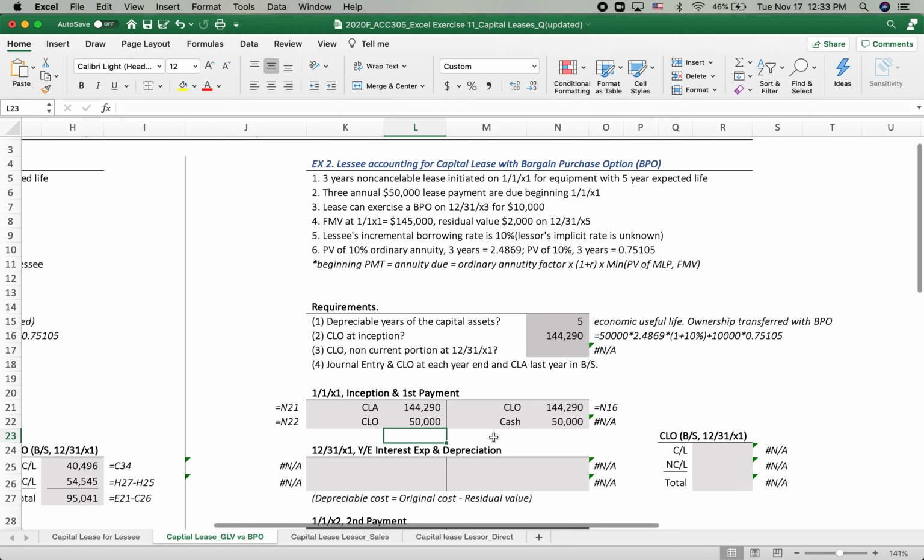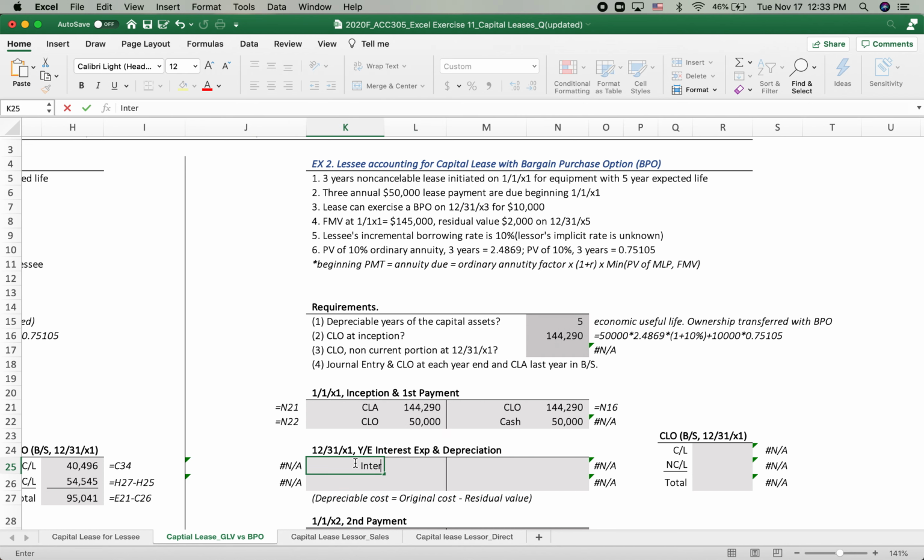Then 1 year passes. At the end of year one, we need to recognize the interest expense and the depreciation. Interest expense is recognized because the lessee used the liability for 1 year. So how do you calculate it?